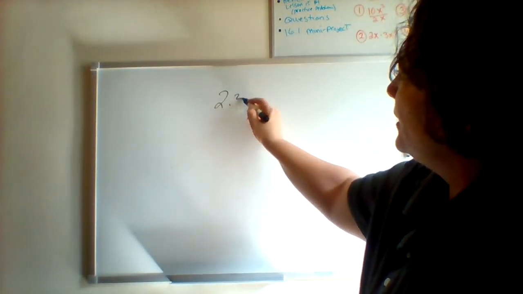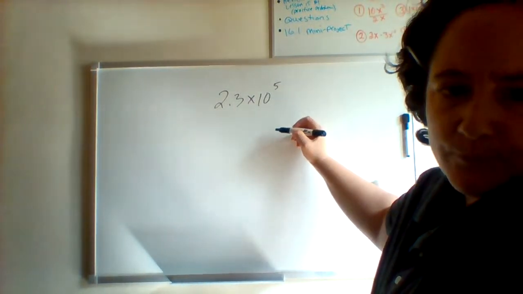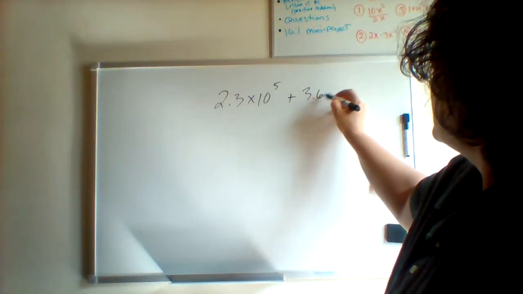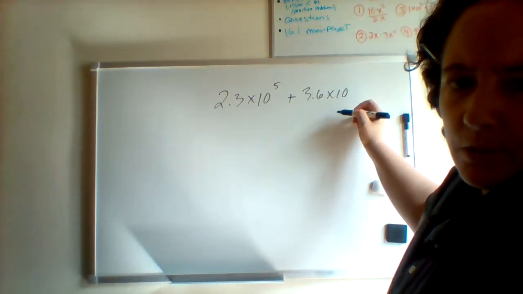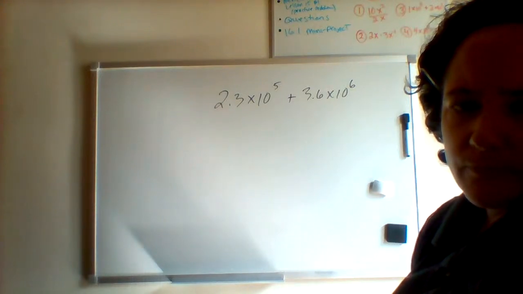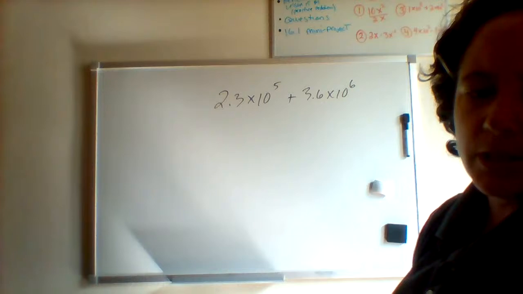So it says 2.3 times 10 to the 5th plus 3.6 times 10 to the 6th. Explain what her mistake was and what the correct solution is.